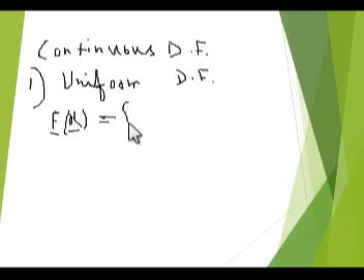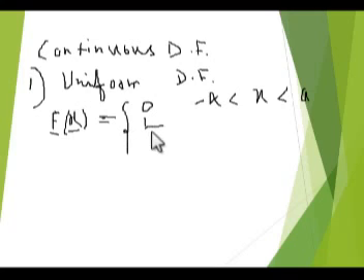It is defined as 0 when x goes from minus infinity to a, and then 1 by b minus a.